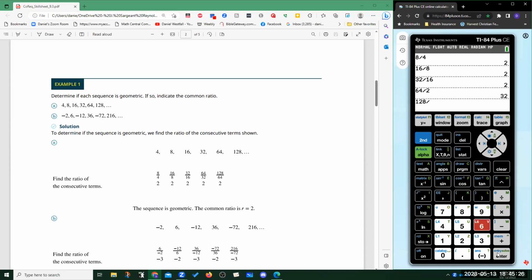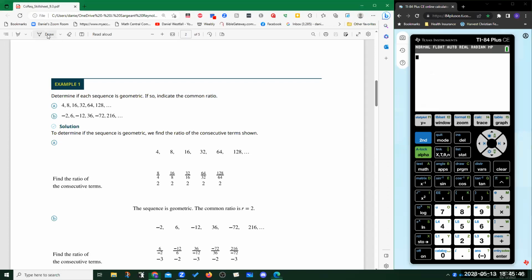Sorry, I did that backwards at first, but 128 divided by 64 is also 2. So we have a common ratio of 2 all the way along here. So this one here is geometric.